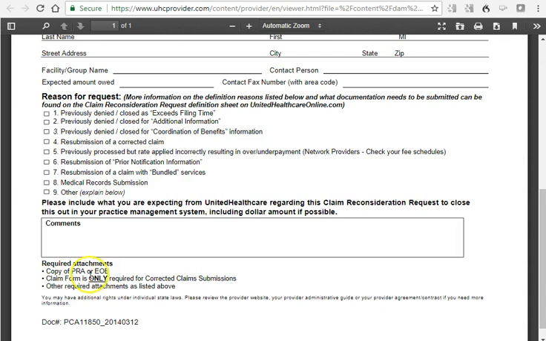So then what you're required to submit is either the EOB or remittance advice, claim form, which would be the paper CMS 1500, only if you're submitting a corrected claim, and any other required attachments as listed above.